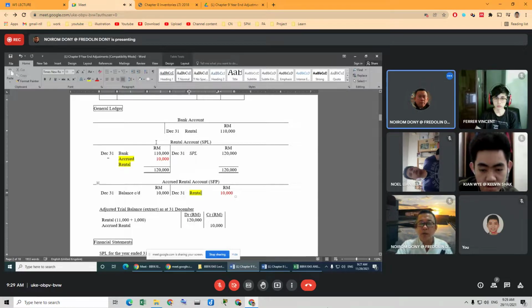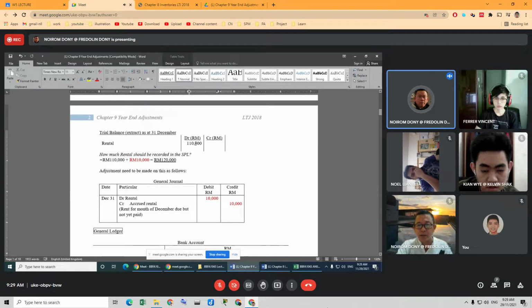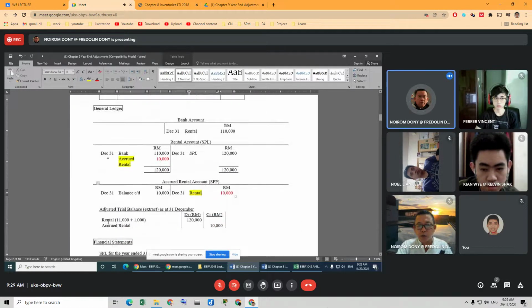Then we do the adjusted balance, but normally you are not required to do this, but in case you are asked to, initially we have in the trial balance only one item, rental 110,000. But after this adjustment, now you need to show rental in brackets, the workings, 110,000 plus 10,000. Sorry, I wrote 11,000, this one is wrong.